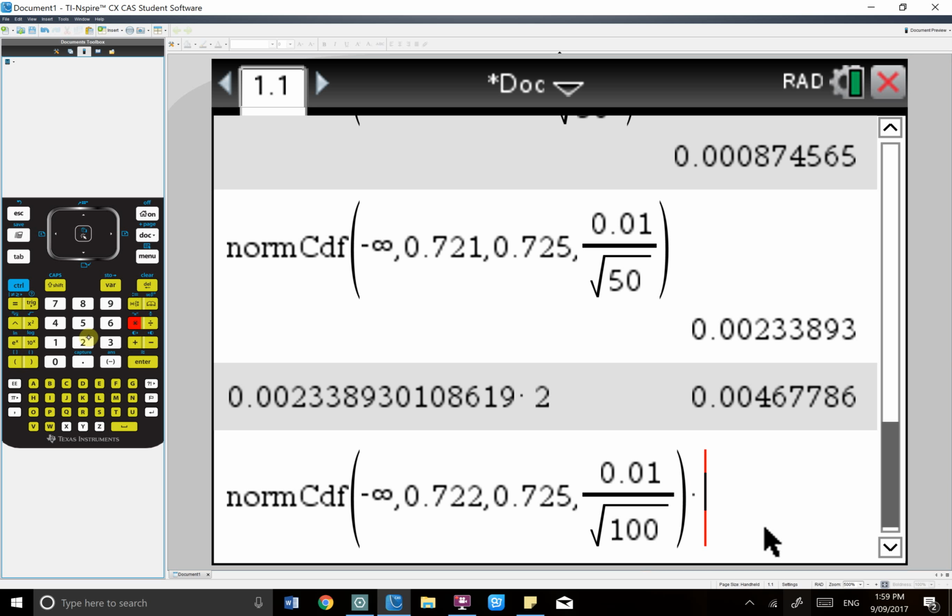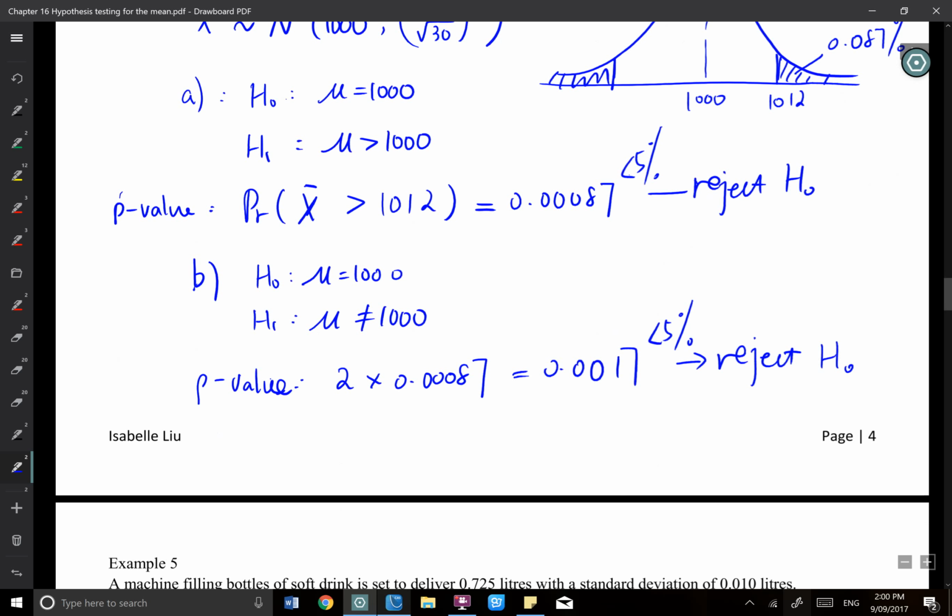So reject. It's less than 1%, and that's also less than 5%. So I reject it. In this one, because it's less than 5%, I should reject it, and this one is the same, less than 5%, so I reject it.